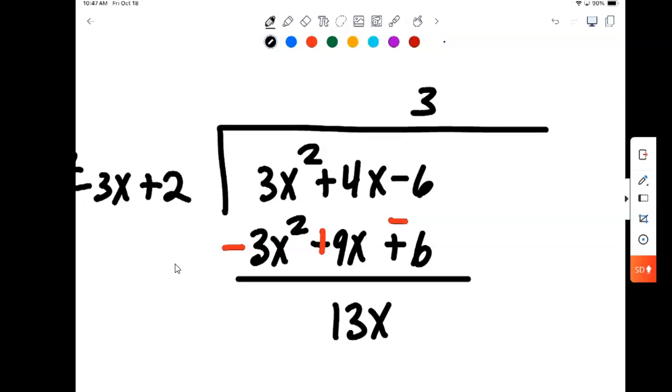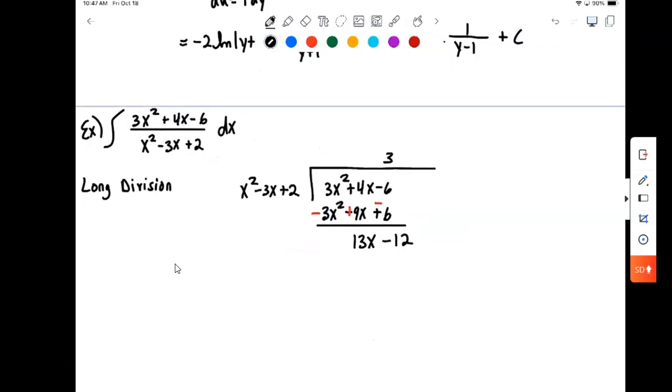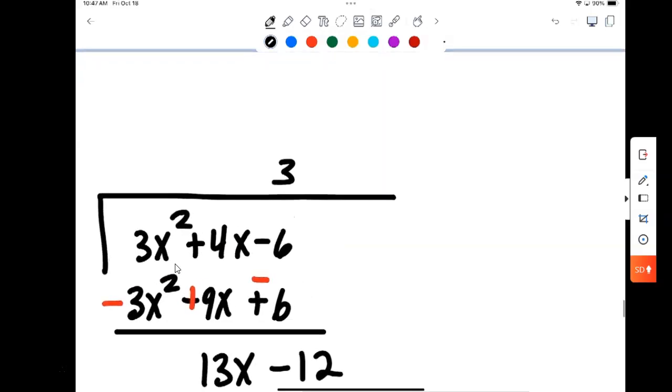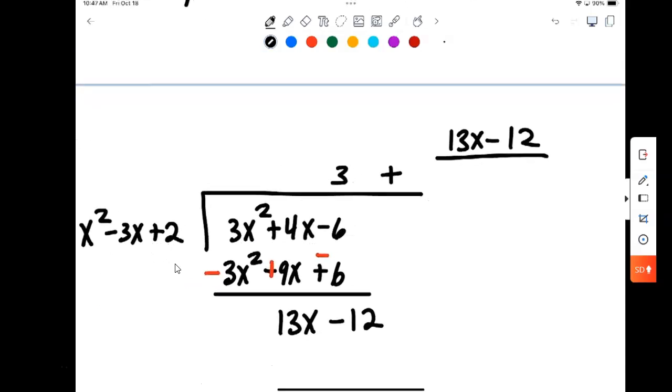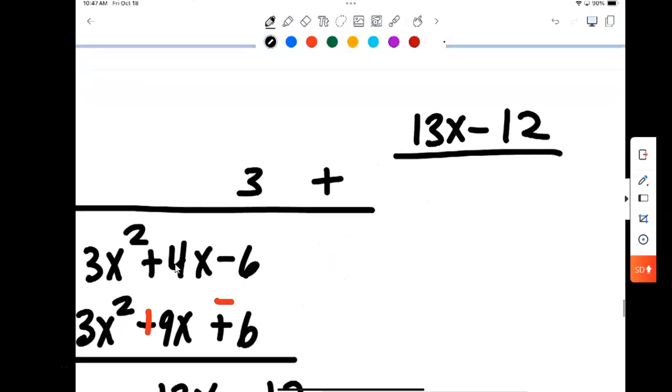Minus 6 and minus 6 will be minus 12. So that's my remainder. The degree is now smaller than what we're dividing by. So we would then write that as 3 plus 13x minus 12 over my denominator, x squared minus 3x plus 2.